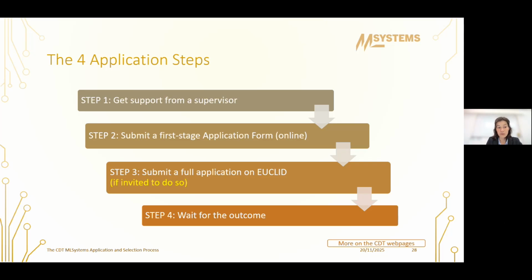Step 2 is to submit the first stage application form, which is an online form that you need to complete. If you're invited to do so, you move to step 3, which is the submission of a full application on our Euclid system, which is the university application system. And step 4 would be to wait for the outcome of your application.